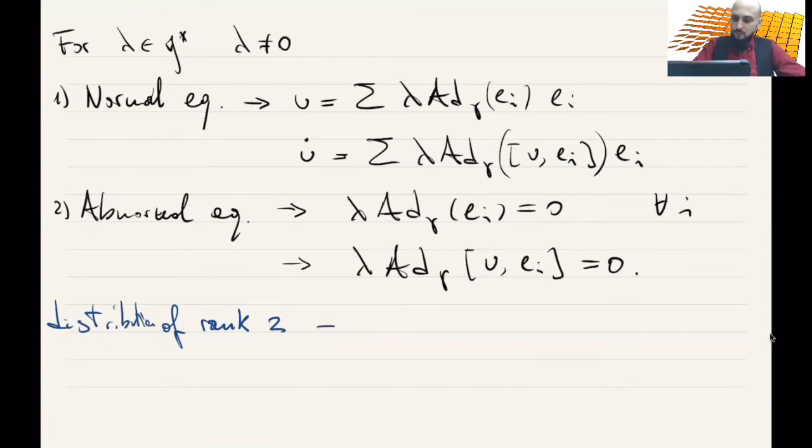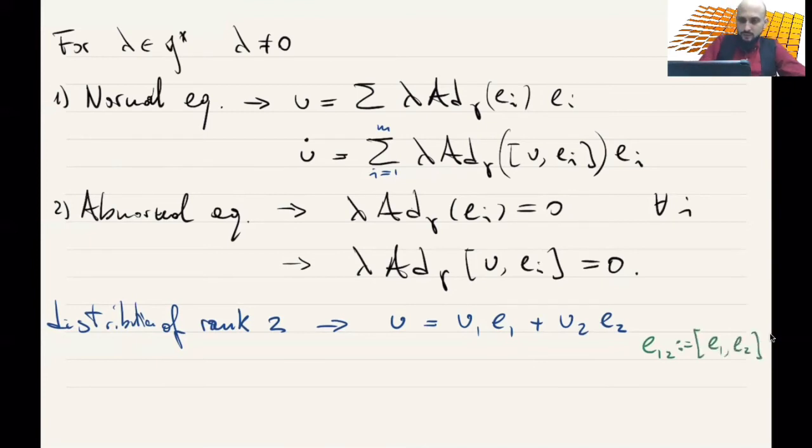This means that u, so here there was a sum from 1 to m, right? It means we have only m equal to 2 vectors, so u is u1 e1 plus u2 e2. Now let's give a name to the bracket of e1 and e2. Let's call it e12. This is just definition. It's the bracket of e1 and e2.